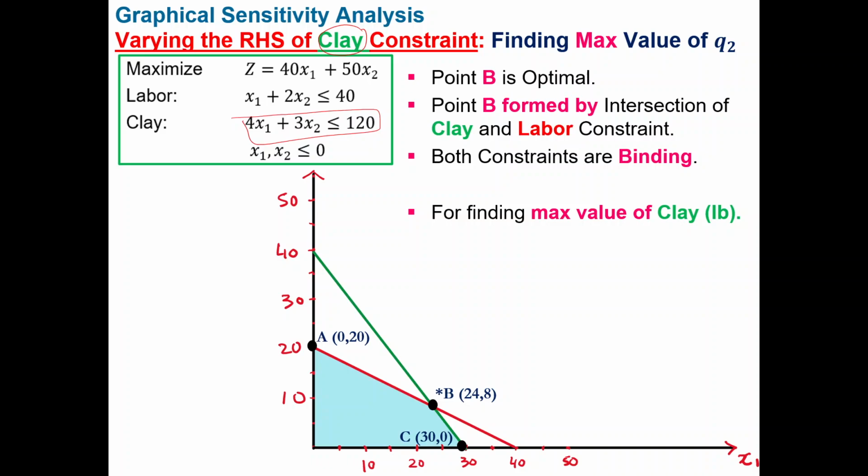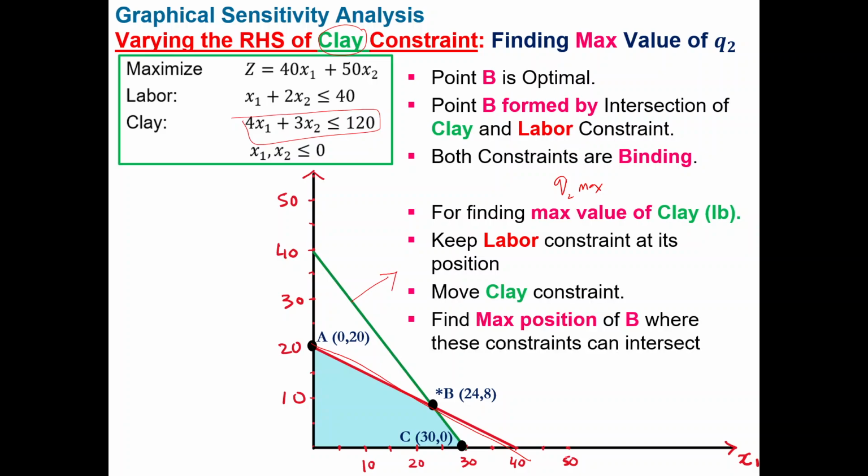For finding the maximum value of the clay, that is q2 max, we will now keep the labor constraint at its position, and now we will move the clay constraint. Right now we are finding the maximum value, that means we are increasing the right hand side, so this clay constraint can move away from the origin.